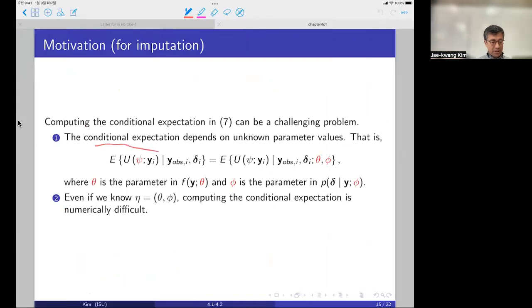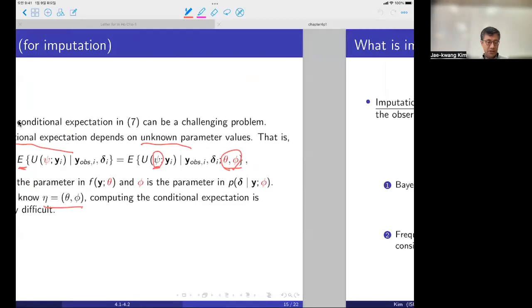First, the conditional expectation depends on an unknown parameter, psi. Second, even if you know the parameter, the conditional expectation can have numerical issues because you need to compute an integration.